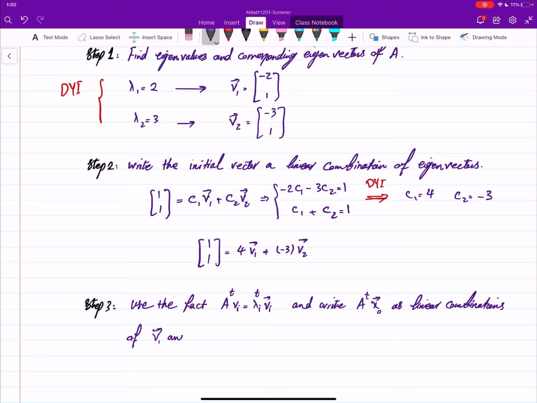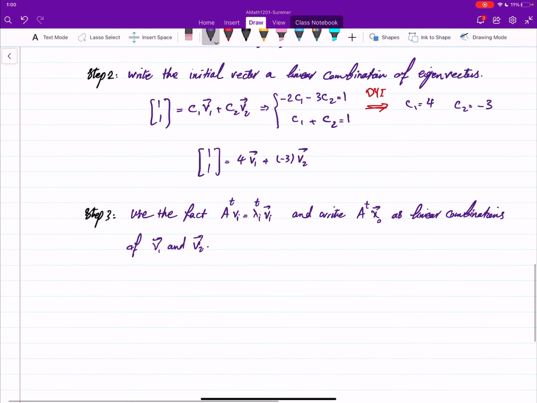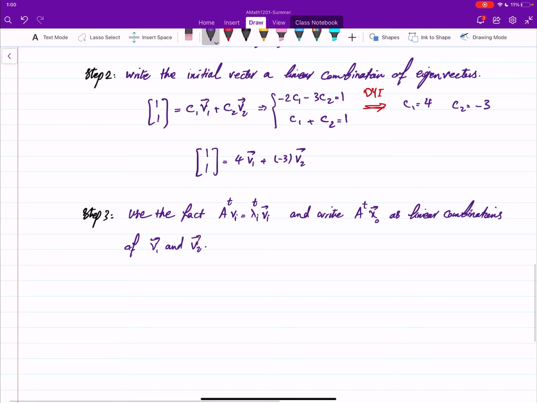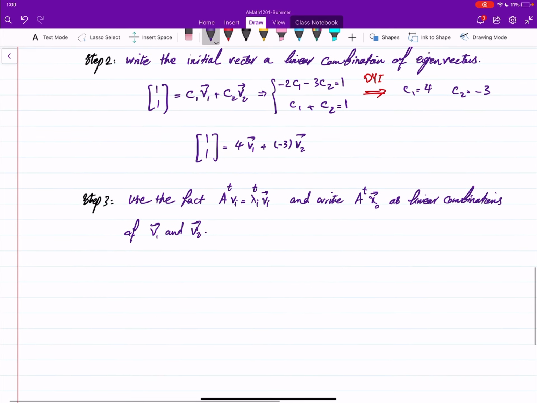So A to the power t times 1, 1. We wrote 1, 1 as 4 times V1 minus 3 times V2.